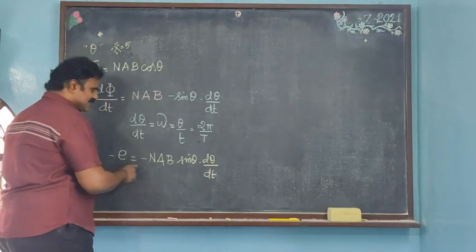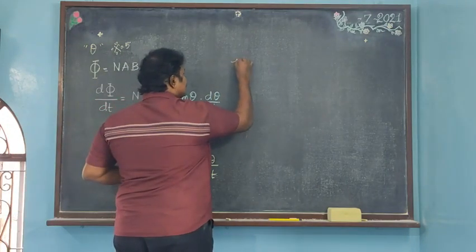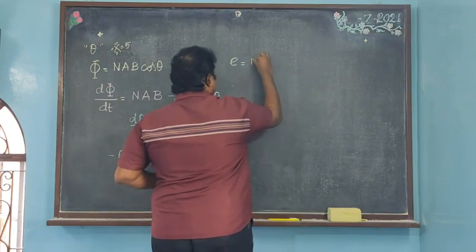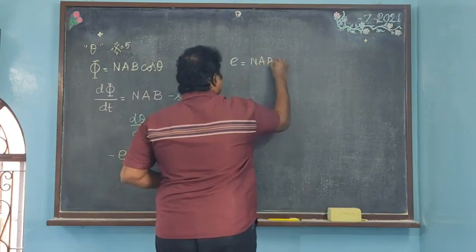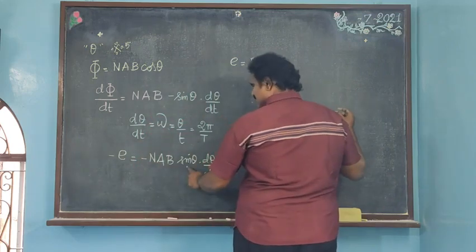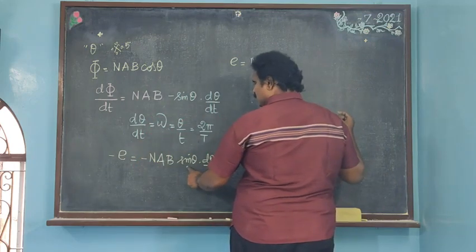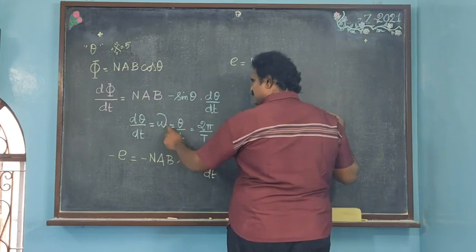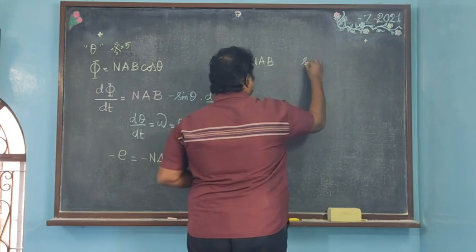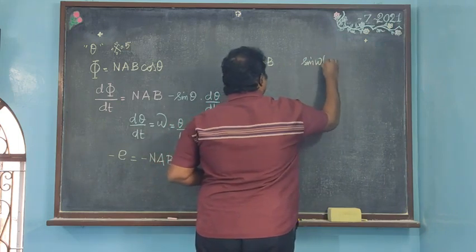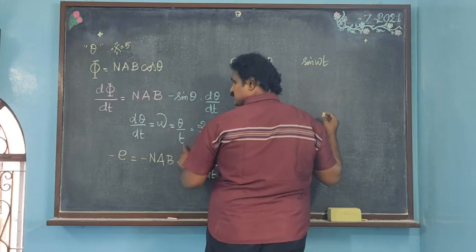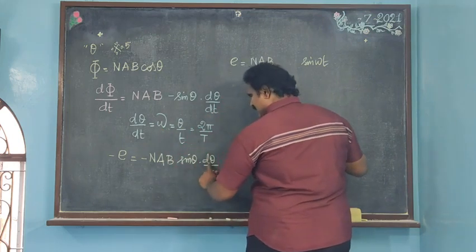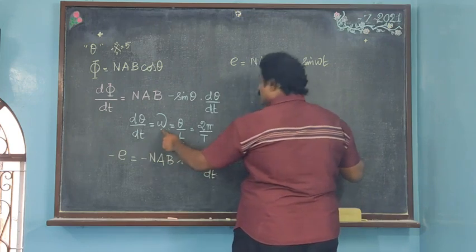The negative signs are getting cancelled, so I can have E is equal to N A B, of course, sin theta. I told you theta by t is equal to omega, so theta can be written as omega t. Therefore, I can put it as sine of omega t, because theta is equal to omega t by cross multiplication. d theta by dt is already equal to omega.